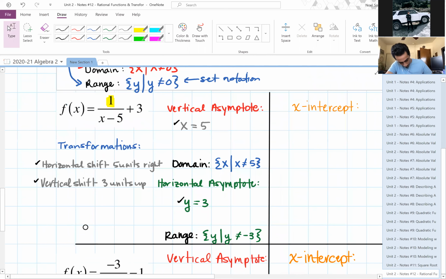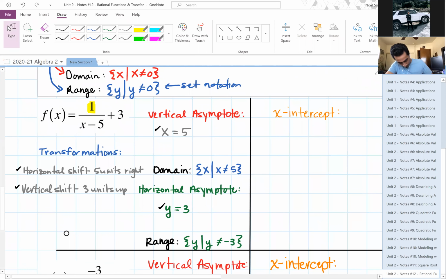All right, so transformations, asymptotes, and domain and range are all kind of related on these rational function problems, which makes them kind of nice. Oh, I'm sorry, you're right. I wrote that wrong. Y cannot equal positive 3.